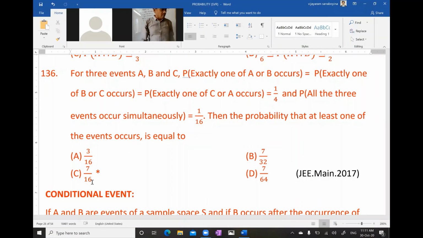All of you please note down the number 36. Come and see this, my dear. For 3 events A, B, C, the probability of exactly one of A, B occurs is equal to the probability of exactly one of B, C occurs, is equal to the probability of exactly one of C occurs, is equal to 1 by 4.